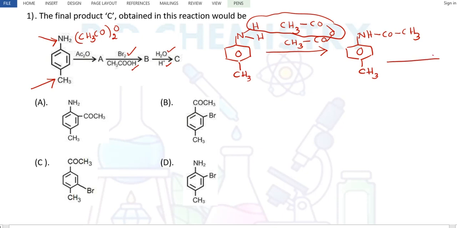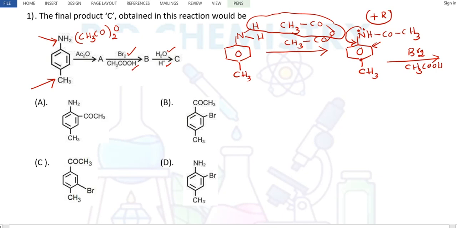Then we have to carry out a bromination in acetic acid, CH3COOH. NH contains a lone pair and gives electron density to the benzene ring, so there is a plus R effect. The plus R effect can give the product at the ortho position as well as at the para position.